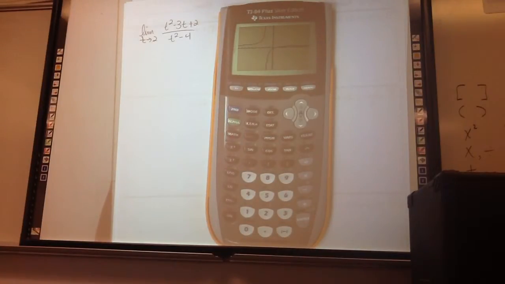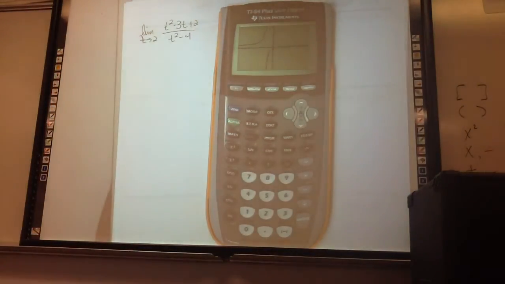It's between 0 and 0.4. My calculator says error. Push zoom 6. Does it now look right? Why does my calculator do that?